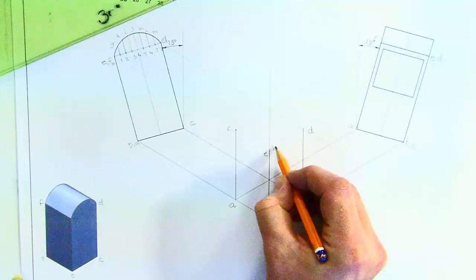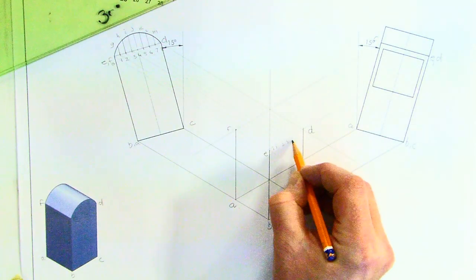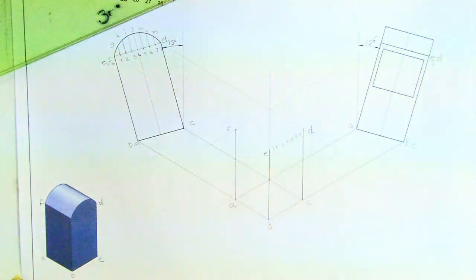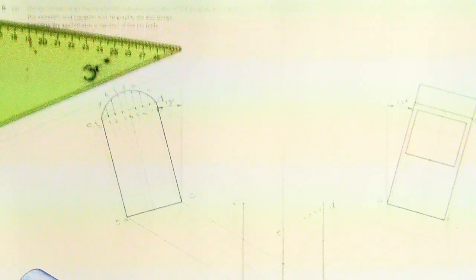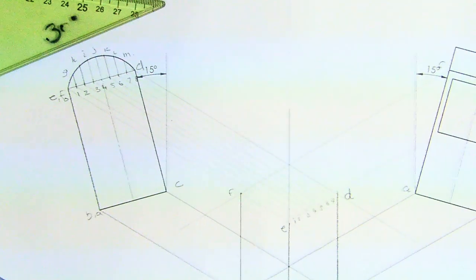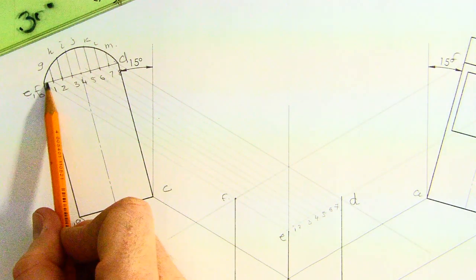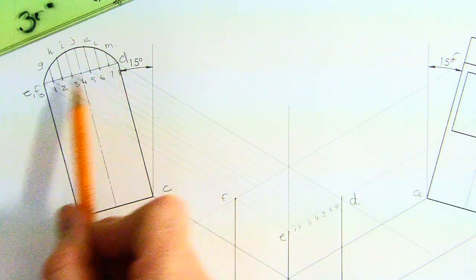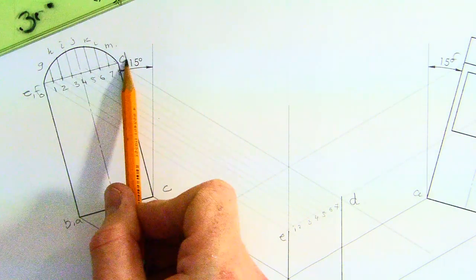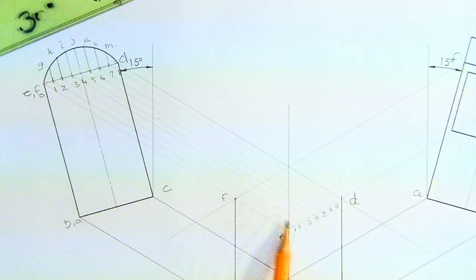So there's 1, 2, 3, 4, 5, 6, and 7. We just measured these out, 5 millimeter gaps. They're along this line ED. So we're bringing these now down to the line ED in our isometric.